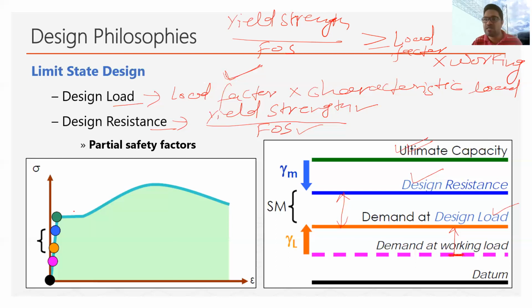In this formula, I have explained the concept, which means the fraction of strength should be greater than or equal to the product of load factor and working load or working stress. Okay, so this is the concept that is followed in the limit state method.